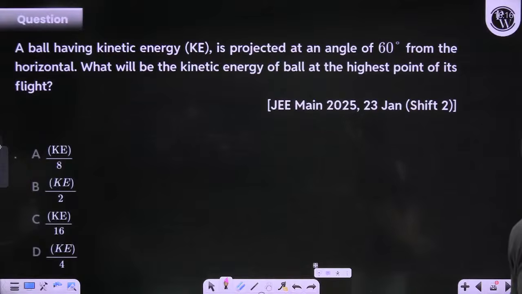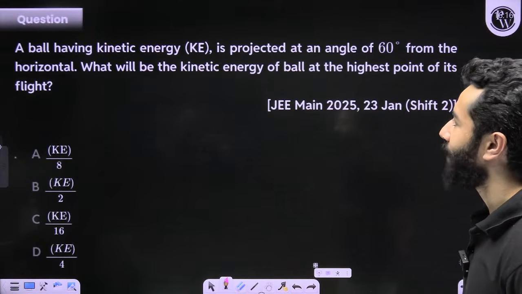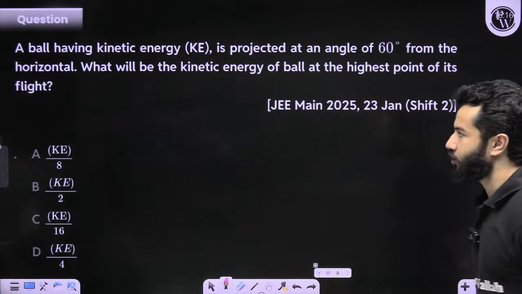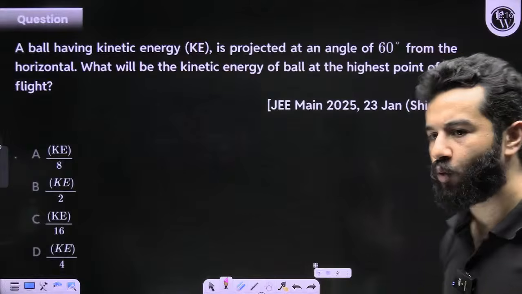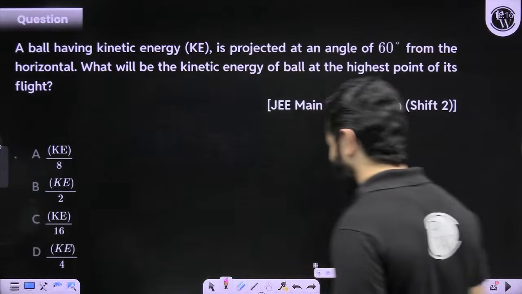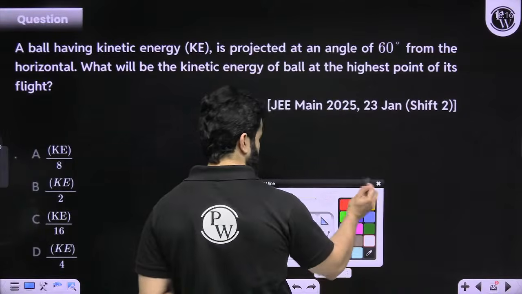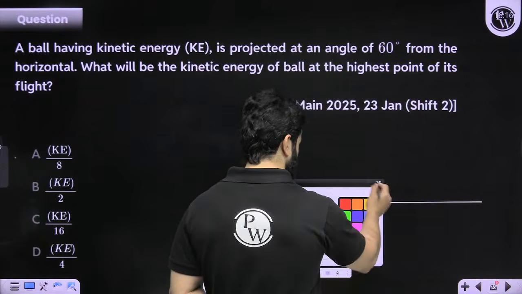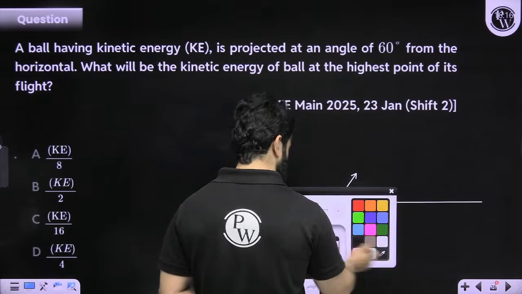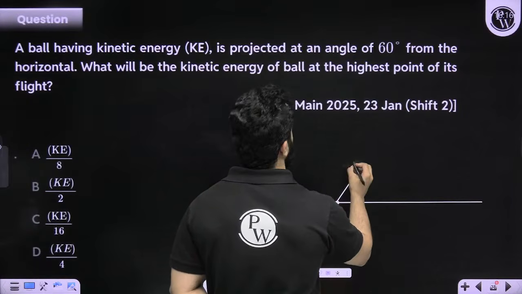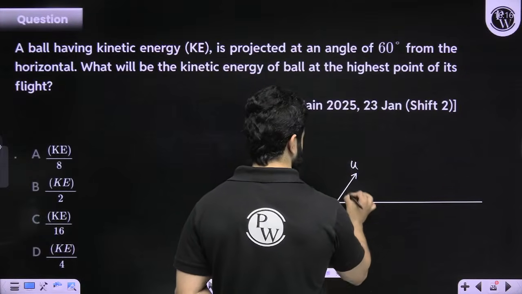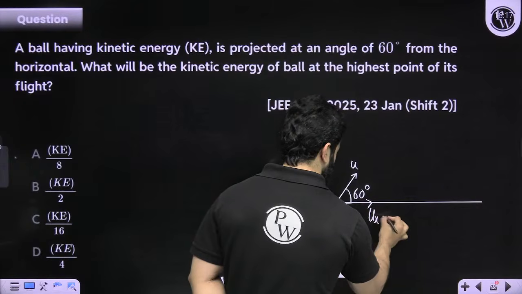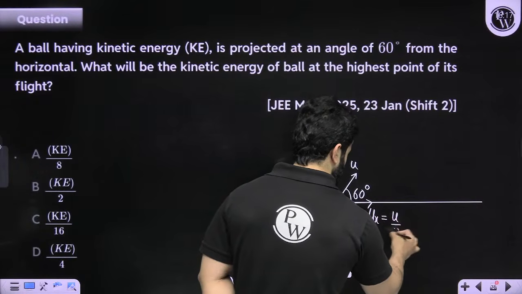Next question is saying a ball having a kinetic energy KE is projected at an angle of 60 degree from the horizontal. What will be the kinetic energy of the ball at the highest point? Again, this is an easier question. If you project a particle from the ground and its velocity is u at 60 degree, then at the highest point only the horizontal component will remain, that is u cos 60, that means u by 2.